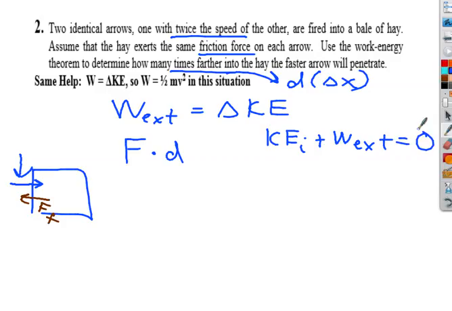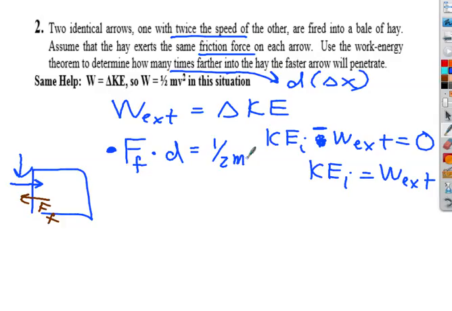The potential energy doesn't change, so we're not going to pay attention to that at all. The work external is negative, so the initial kinetic energy equals the work external. The work is removing all of that energy. This is the frictional force, and I'm not going to make it negative anymore. It's frictional force times the displacement equals 1/2 mv squared.